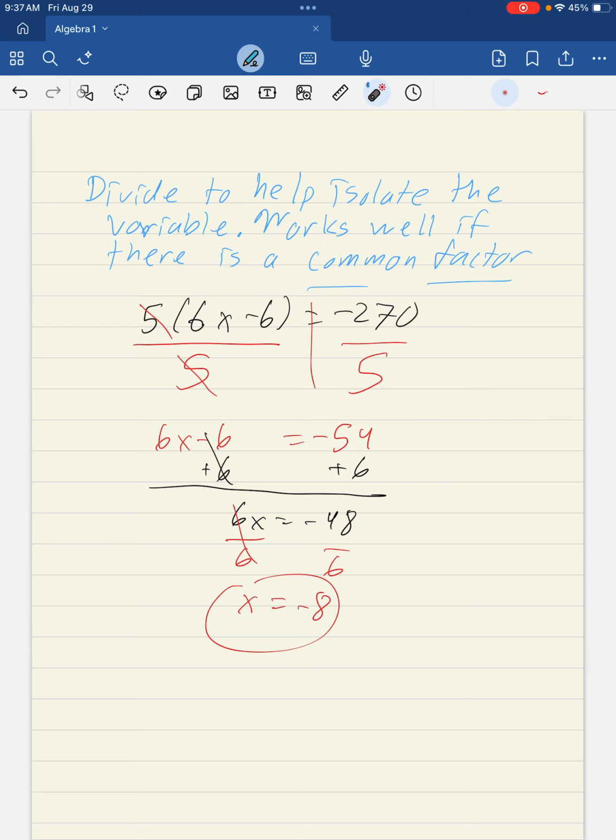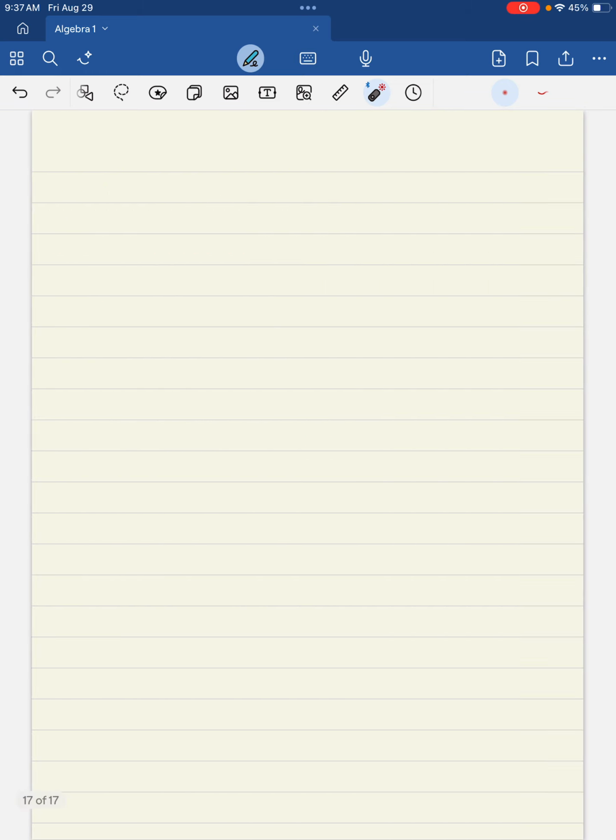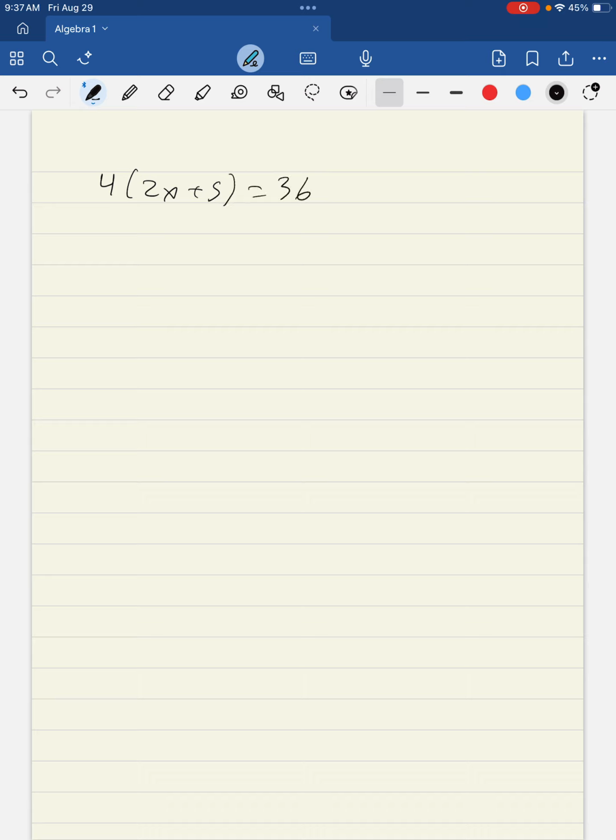I will show you guys one more example if you would like to see that method one more time. I'll actually use the same problem we did on the second one, and you can see how different it looks. So 4 times 2x plus 5 equals 36. Instead of distributing, we are going to divide both sides by 4. We know 36 divided by 4 is 9.